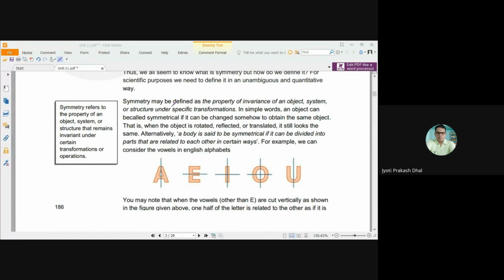Symmetry may be defined as the property of invariance of an object, system or structure under a specific transformation. In simple words, an object can be called symmetrical if it can be changed somehow to obtain the same object. That is, when the object is rotated, reflected, or translated, it still looks the same.